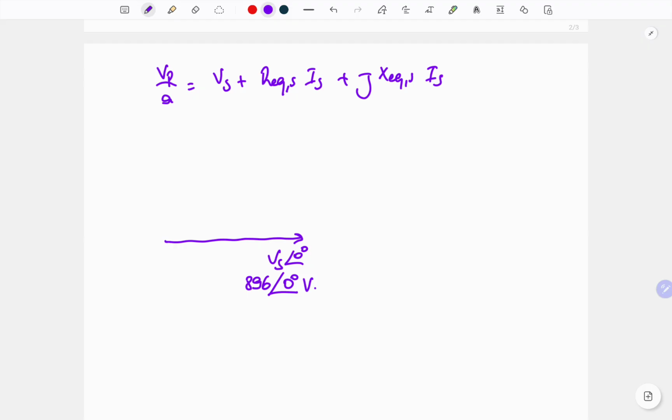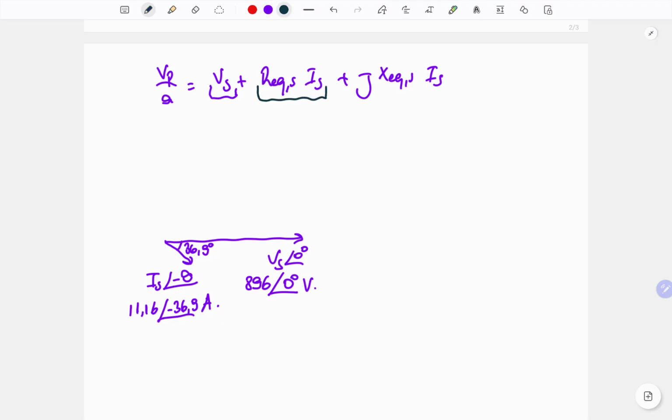Then the current, we have a lagging power factor. That means we have a negative angle. It's coming from back, 36.9 degree, and Is with minus theta, which is the power factor angle, and the value is 11.16 with minus 36.9 degree.